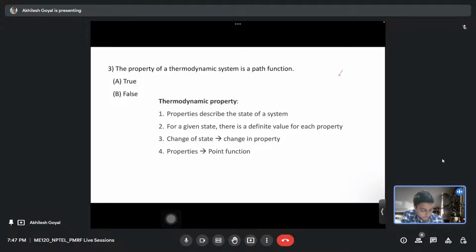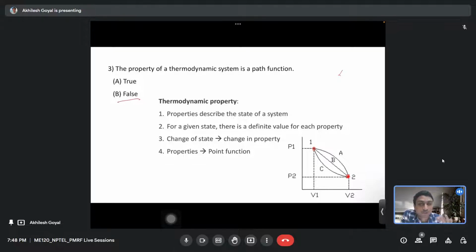If you go from point A to point B through different routes A, B or C, you are reaching the same point, and these properties describe the state of that point, not what path it has followed to come from point 1 to 2.